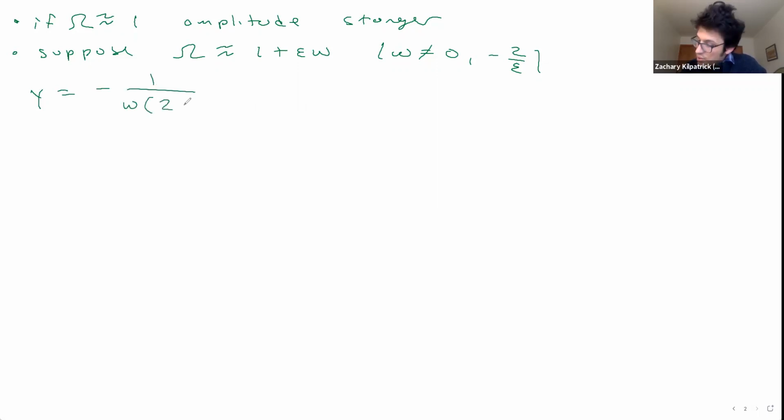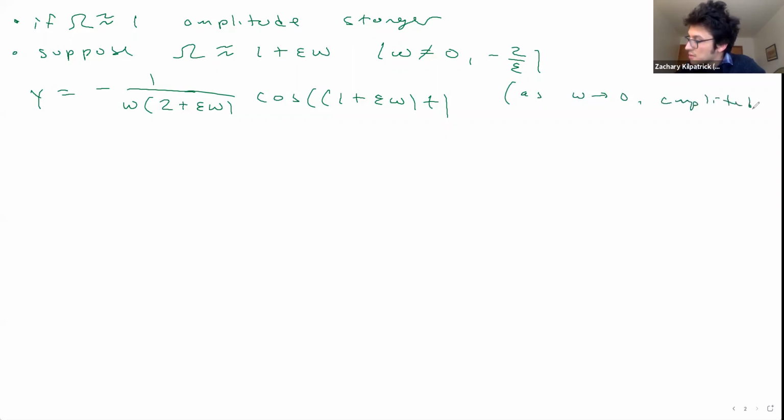If we then work out our solution in this case, our amplitude is going to be given by minus 1 over omega (2 plus epsilon omega), just using some trig identities, times cosine of (1 plus epsilon omega) t. So basically, as omega shrinks towards 0, the amplitude increases.